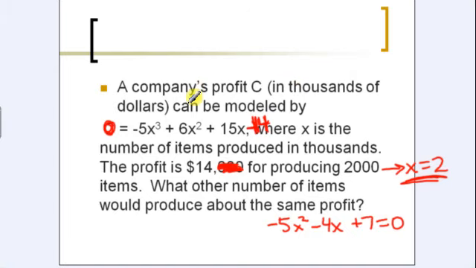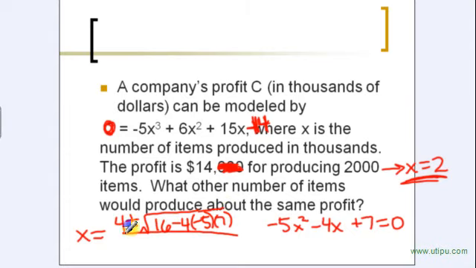So, using the quadratic formula, we'd have x equals opposite b plus or minus square root. B squared would be 16 minus 4 times a times c, all over 2 times a, which would be negative 10.